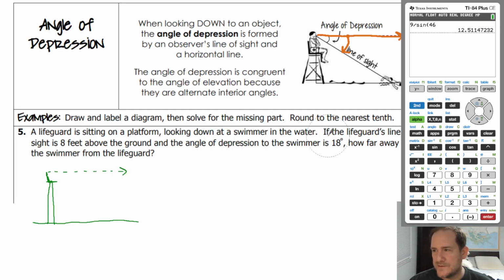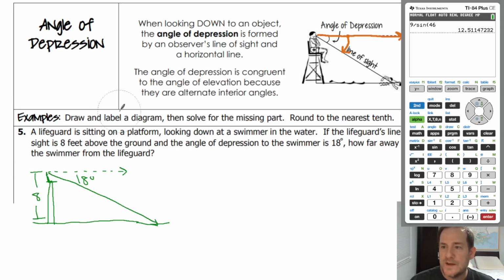It says the angle of depression out to a swimmer is 18 degrees. 18 degrees is pretty small, so this person's going to be pretty far out of the water. Our sight line tells us this height is 8. It asks how far away the swimmer is from the lifeguard.